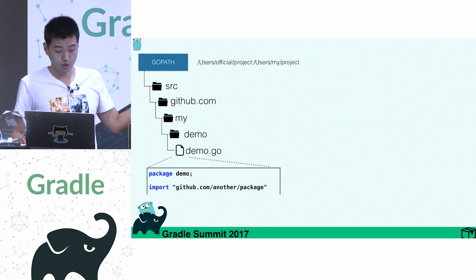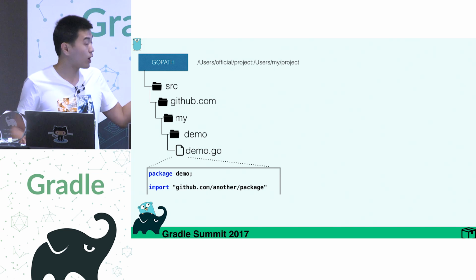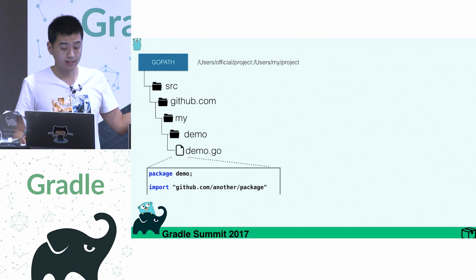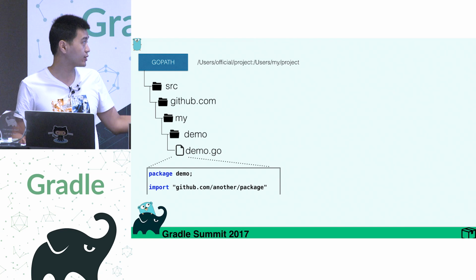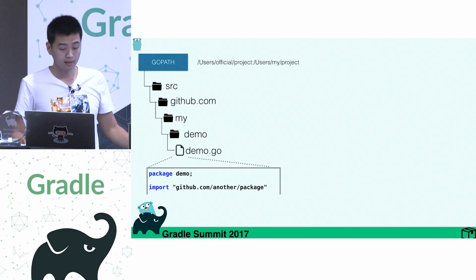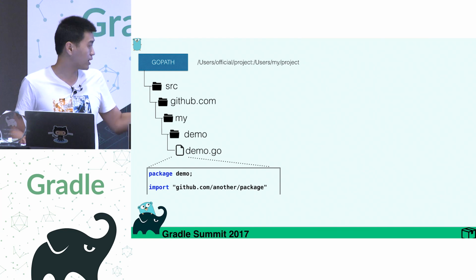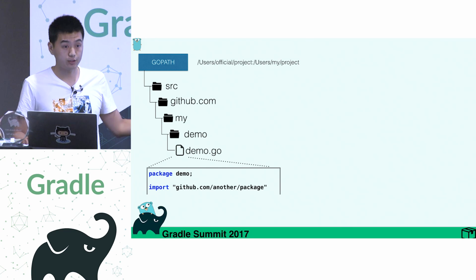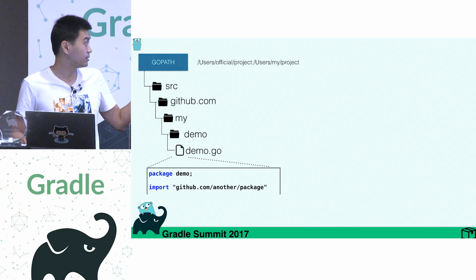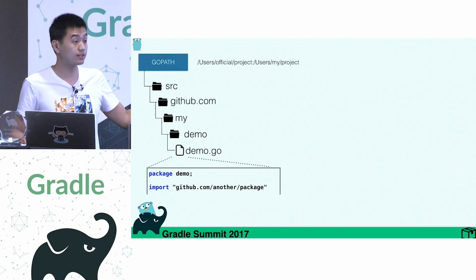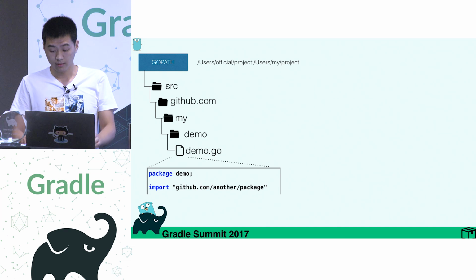In this illustration, demo.go has the package path github.com/my/demo. It imports github.com/another/package, so the directory src/github.com/another/package will be searched for this package.